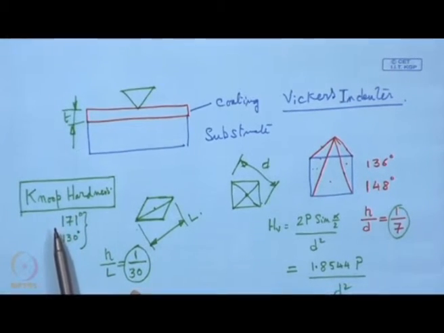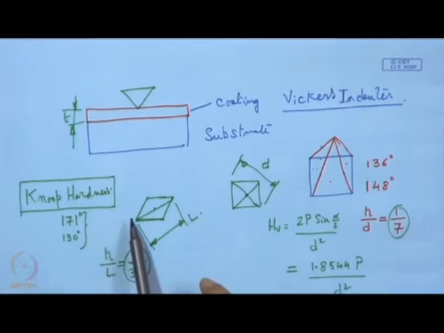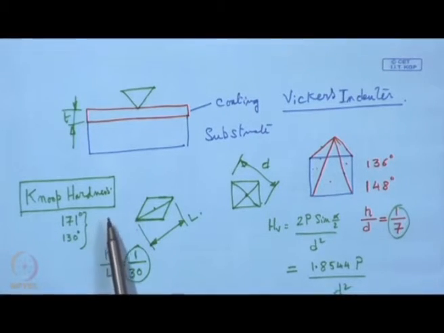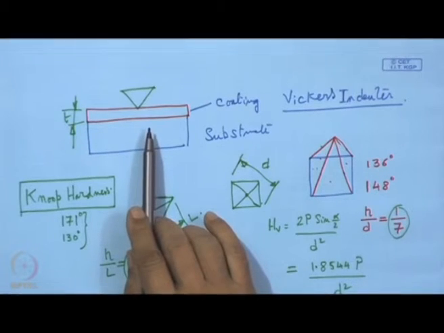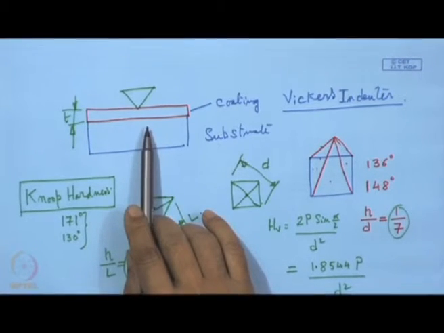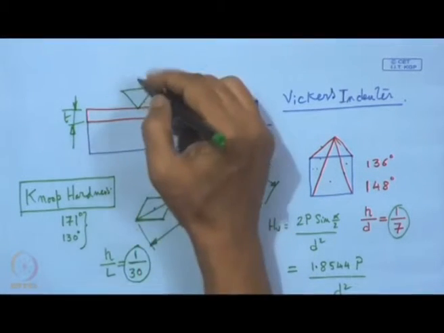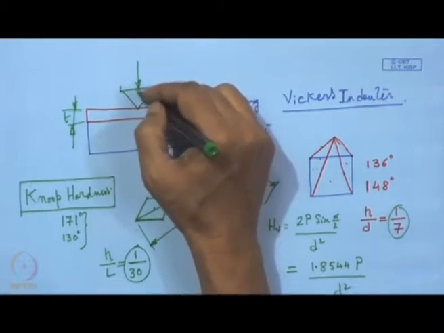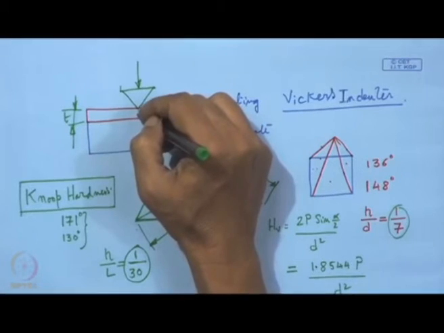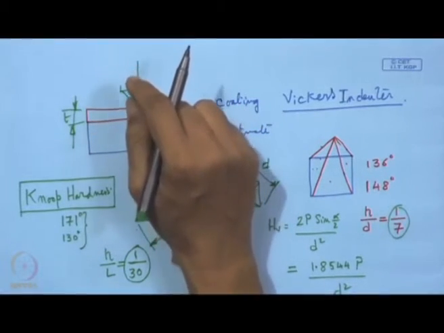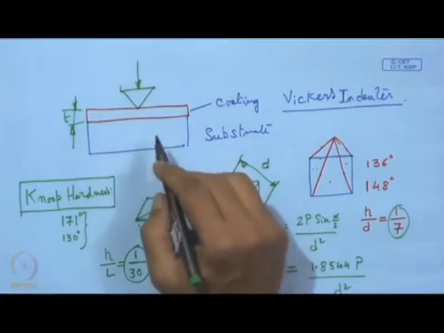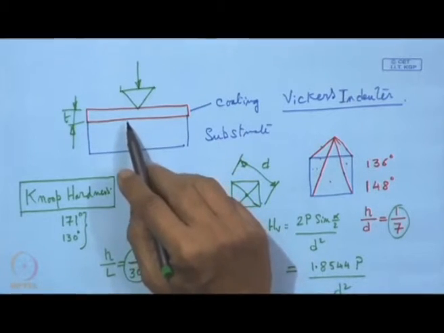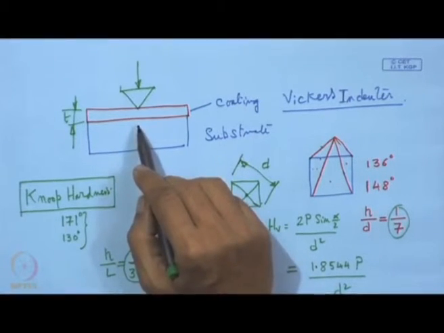This is number 1, and number 2, since this penetration depth is less, for a harder coating, say a ceramic coating, chances of crack formation or crack propagation because of this indentation force, which is actually causing some plastic deformation. In fact, hardness means resistance to penetration or resistance to plastic deformation.